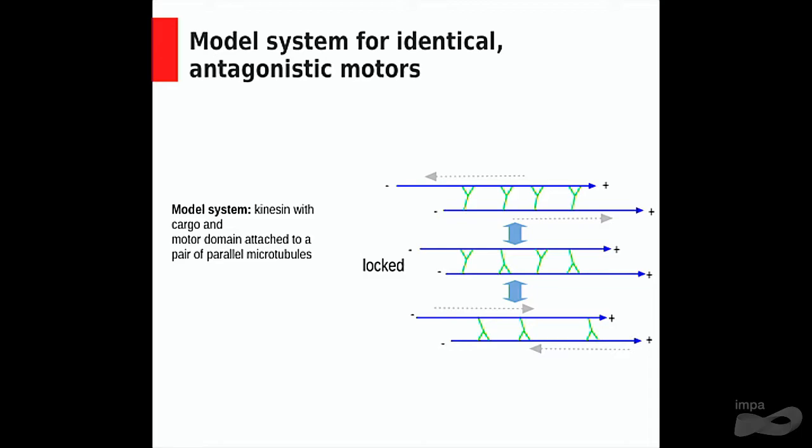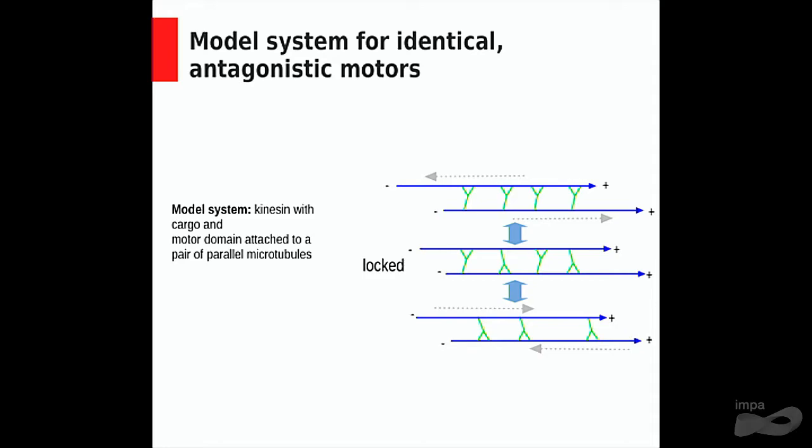You might also have the opposite situation, where all the motor domains of the motor proteins are attached to the bottom microtubule here. And still, those motor domains would move to the plus end, which would push that microtubule here to the left now, before it was to the right, and that microtubule here to the right, before it was to the left.